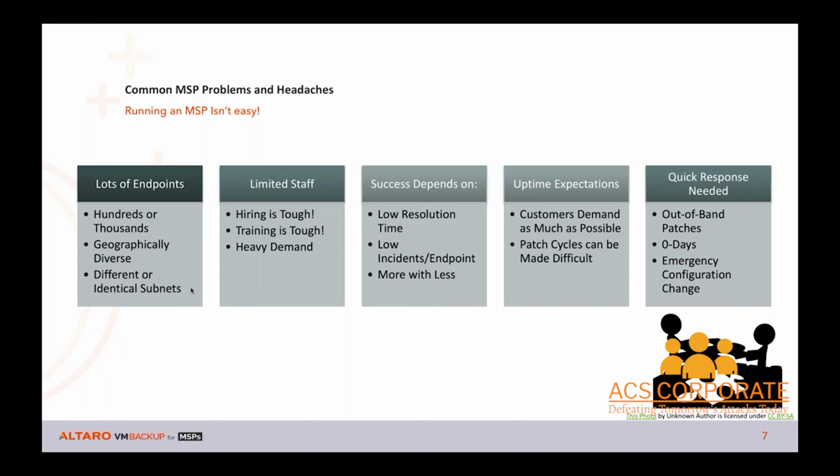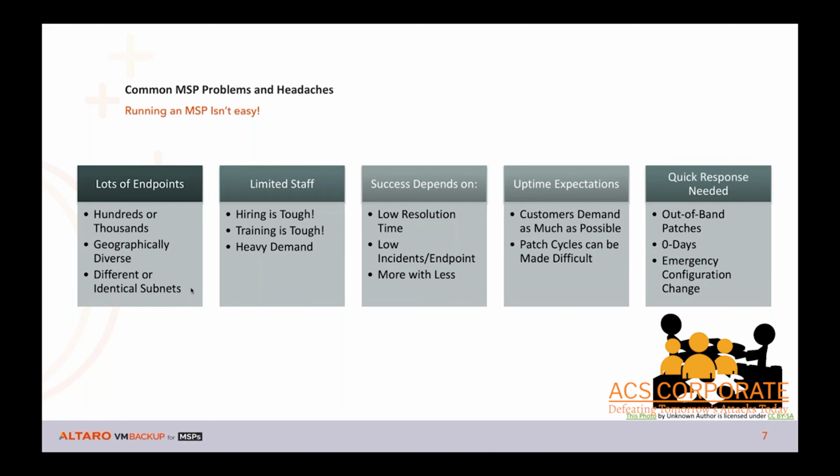And next we come up to having uptime expectations. Customers demand as much uptime as possible. It used to be more accepted years ago when a customer might have some hard copies that they could work on while things were down and systems were being worked on. But that's something that isn't generally accepted anymore.